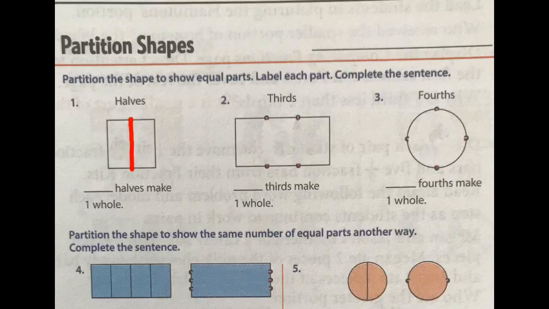Blank halves make 1 whole. How many halves do you see? Well, let's label them. We have 1 half here and 1 half here. How many halves make a whole? If you said 2, you are right. So 2 halves make 1 whole square.